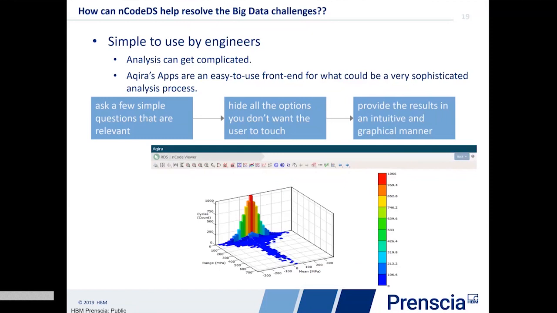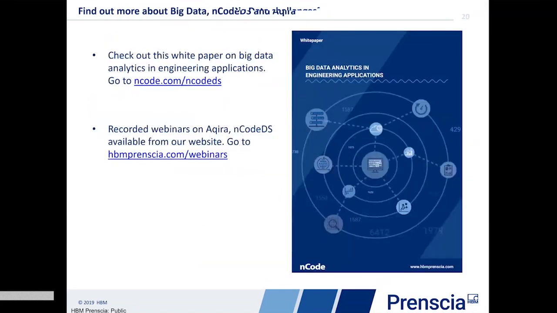So we democratize the use of engineering data science to every engineer in the company. And it's no longer the very territory of a very skilled data scientist. That's the idea, right? If you want to know more about Akira, nCodeDS, or big data, check out our website.